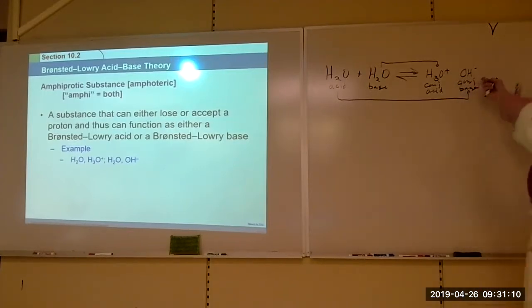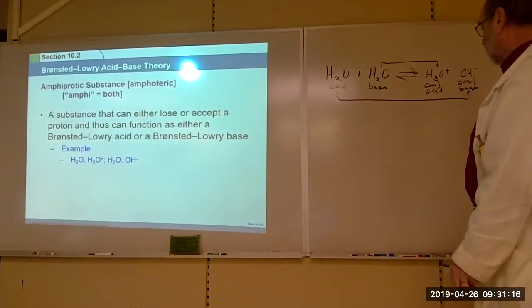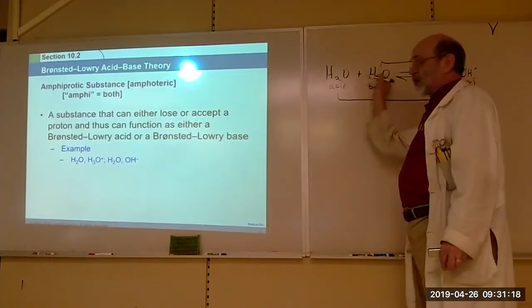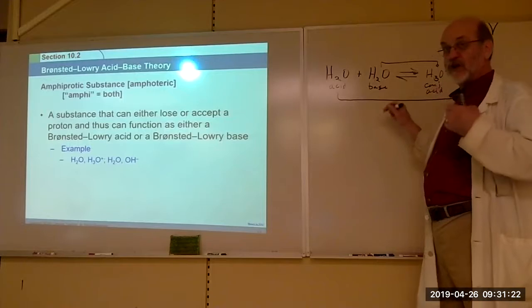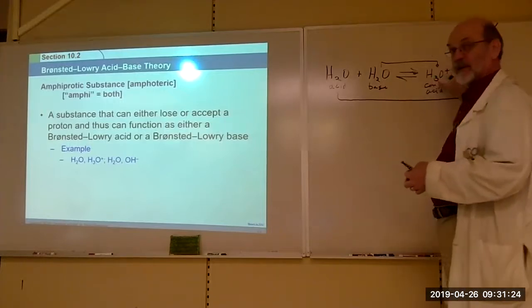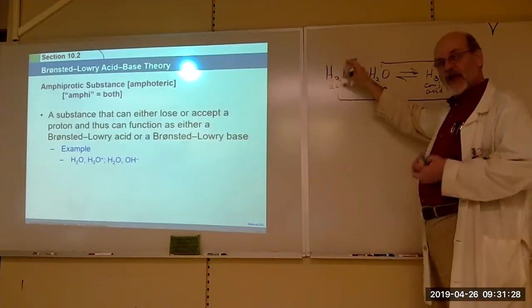Now this one can accept a proton, and this one can donate a proton. Okay, that's what water does. Most of it stays over here. The equilibrium constant is a very, very small number, which means there's just a little bit of this. There's a whole lot of that. Okay, but the reaction does occur.